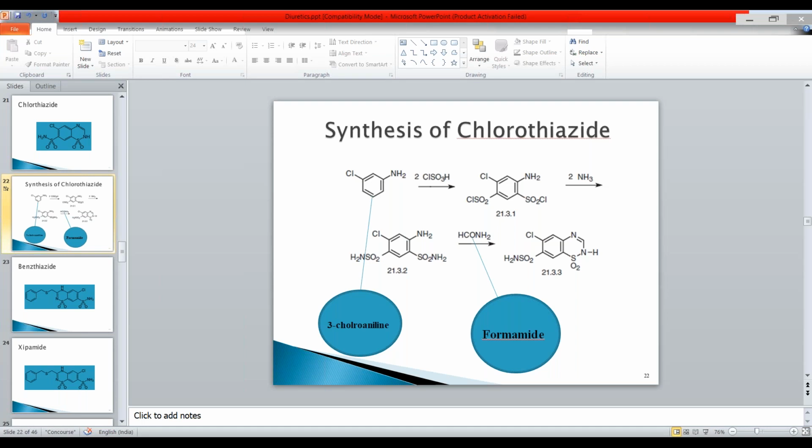Sorry, site 3. At site 3, that is the distal convoluted tubule. They do so by blocking the sodium chloride co-transportation system.